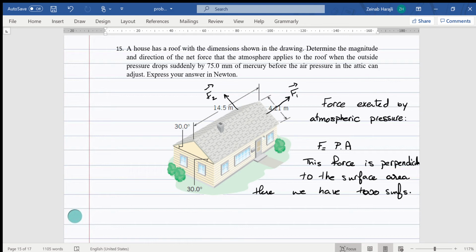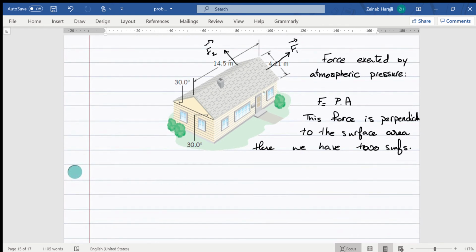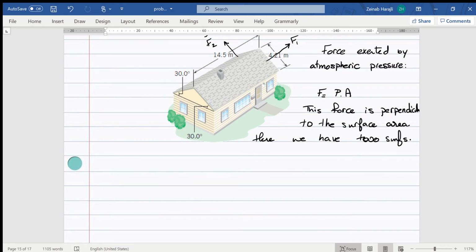We can also now talk about the components of the forces a little bit because we are interested in the net force and we have two forces here. If we want to talk about the net force of these two forces, first of all, let's check a figure, let's say a front view of our house, because maybe this will help us more in checking out the forces and their net values. So we said this is F1 and this is F2.